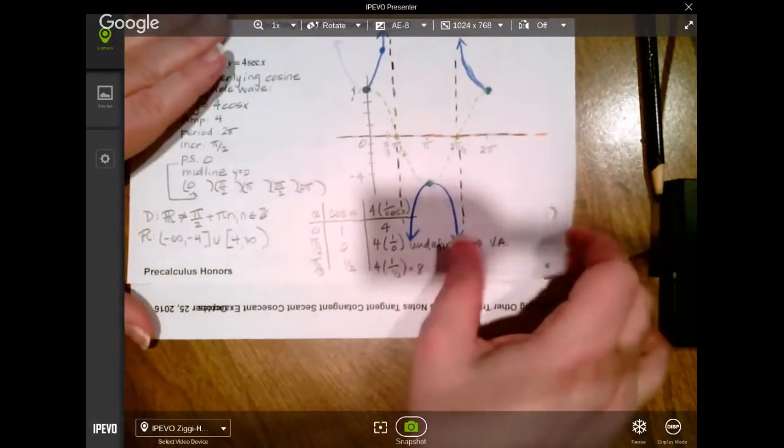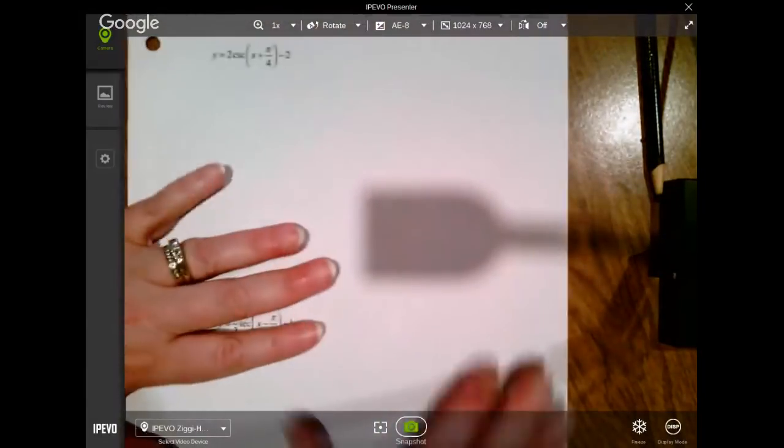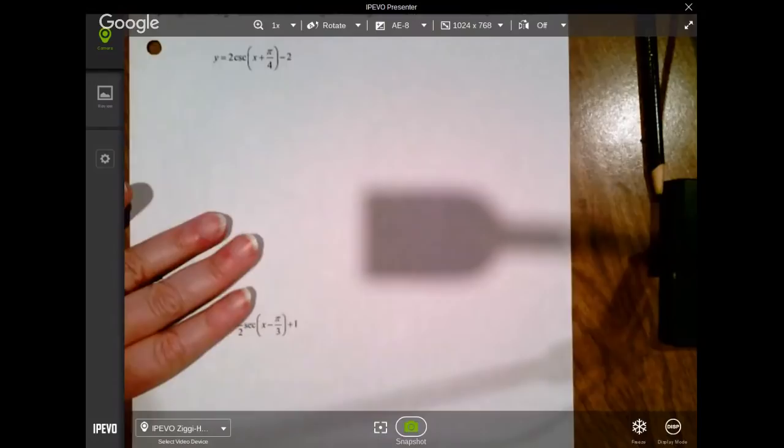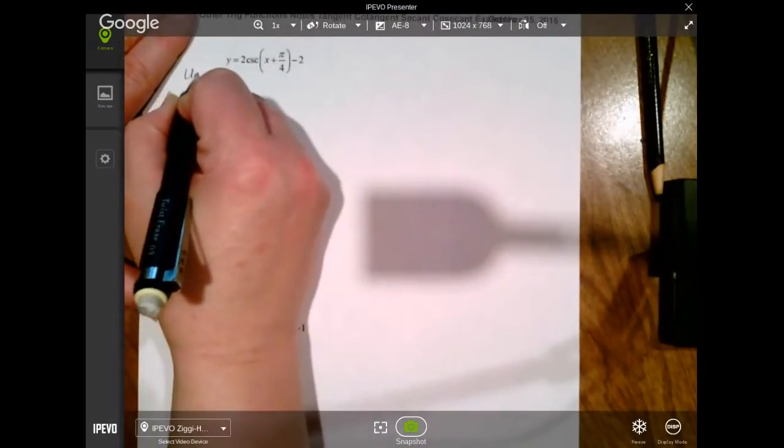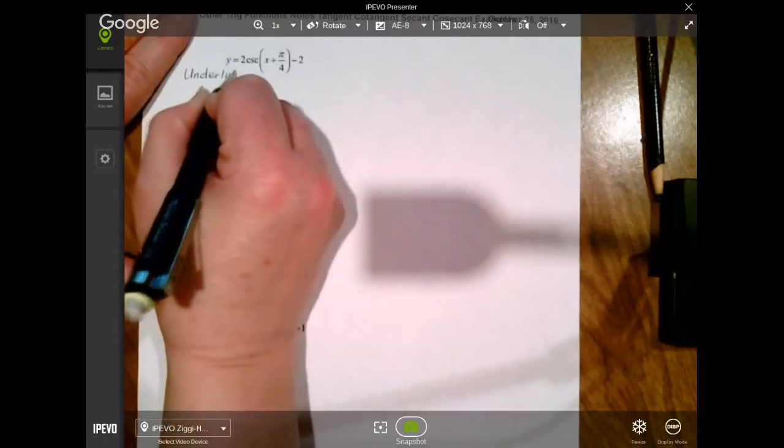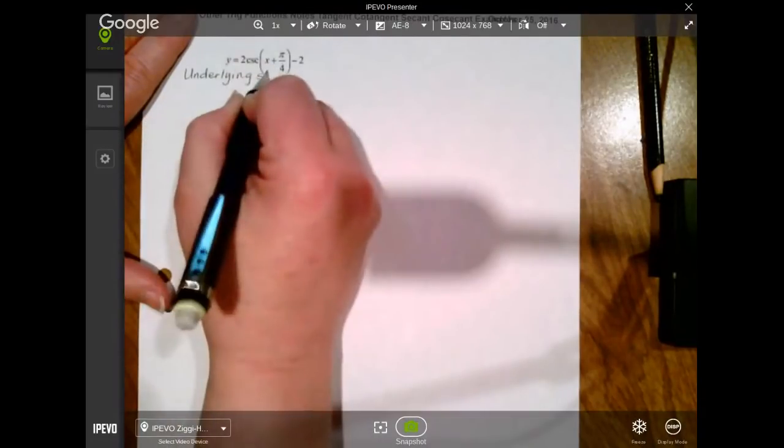So let's graph the next one, which would be cosecant. Instead of graphing an underlying cosine function, we're going to graph the underlying, you got it, I heard it out there, ha ha ha, sine function.